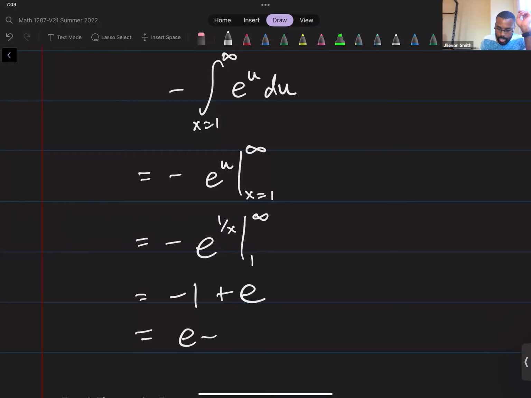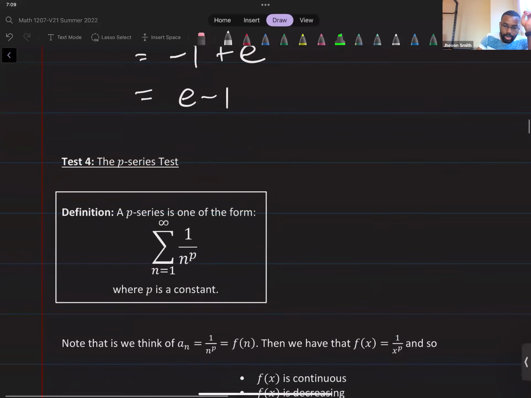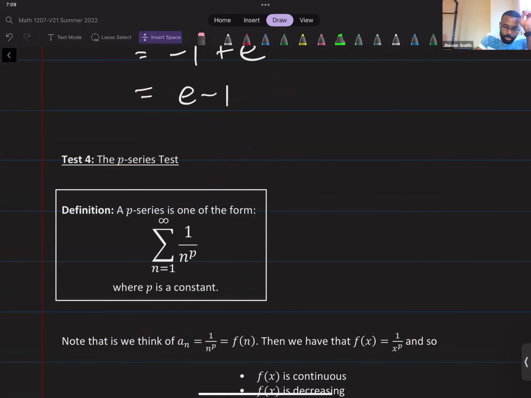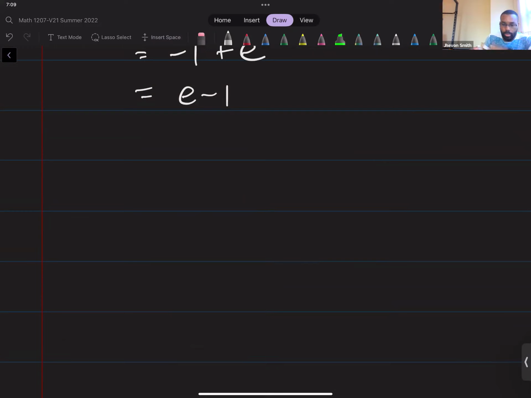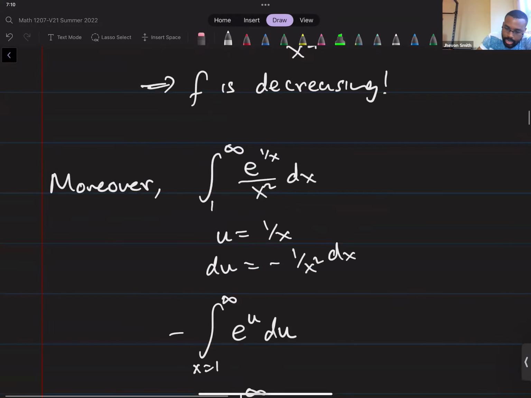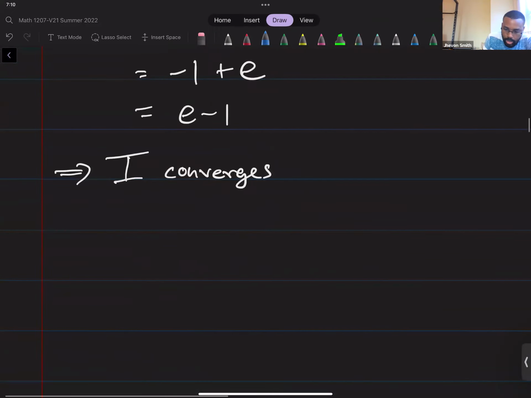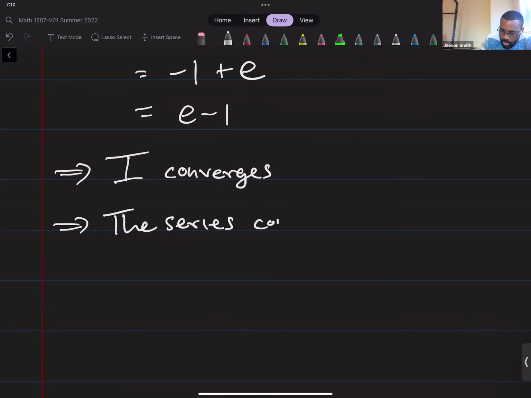So you get e minus 1 as the answer, and that, of course, means the integral, which I'm going to call I, converges, and therefore I can say that the series converges by the integral test.